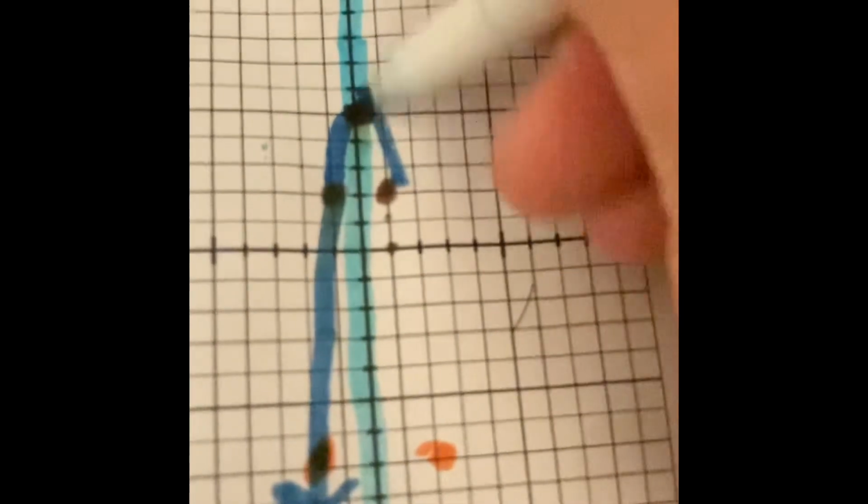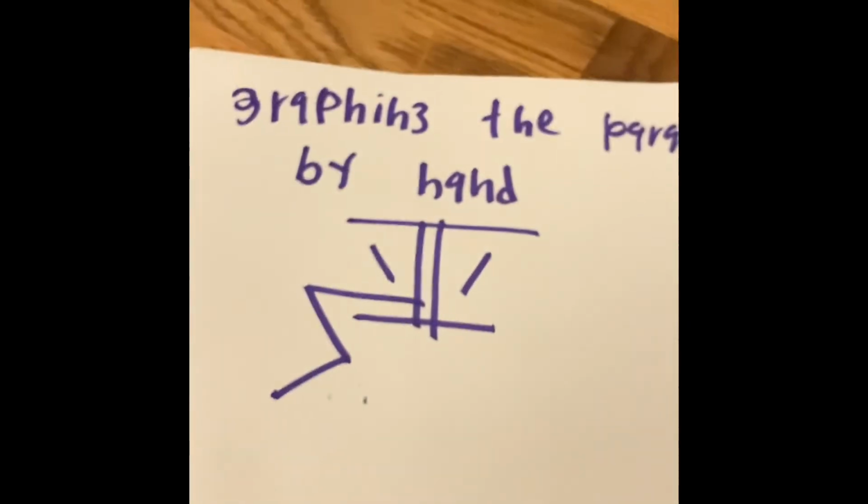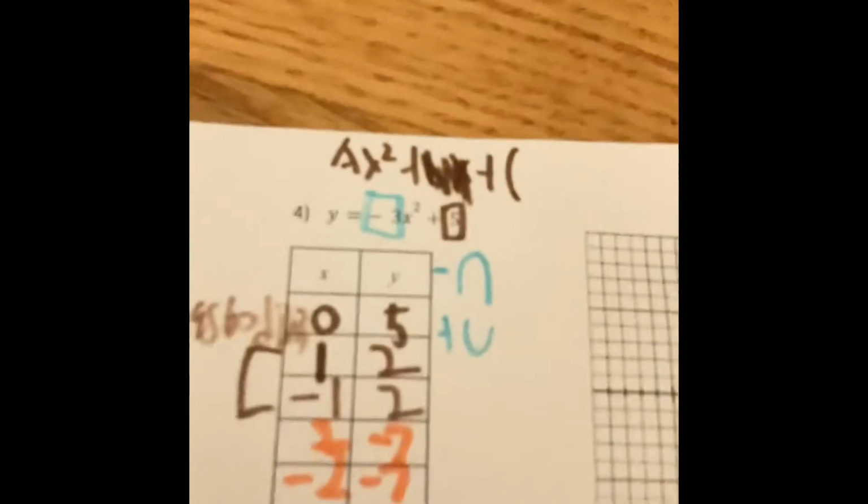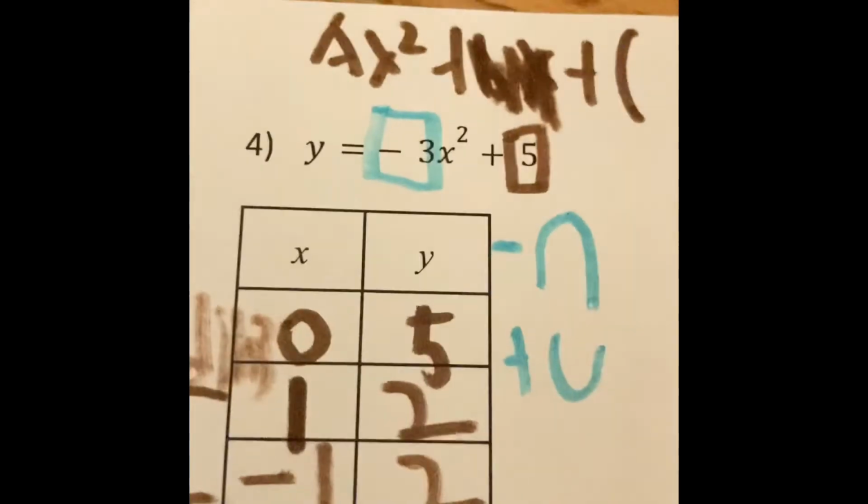But make sure it goes through all of your points. So, yeah! We have made a parabola manually by hand. When you graph y equals negative 3x squared plus 5, this is what it will look like on a graph. So we did it!